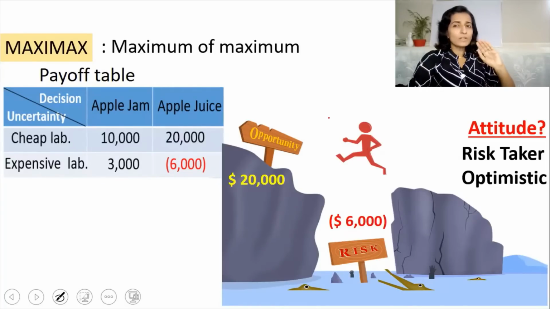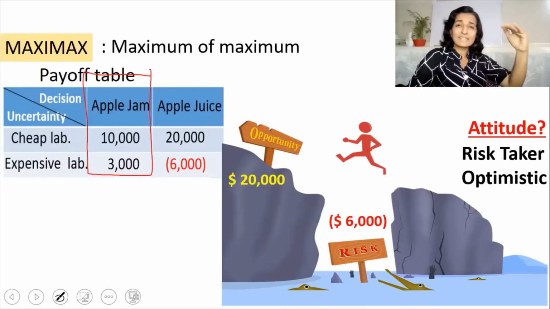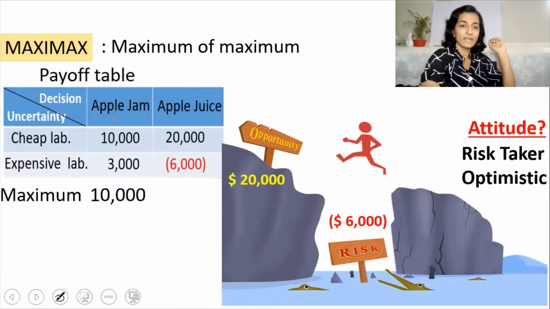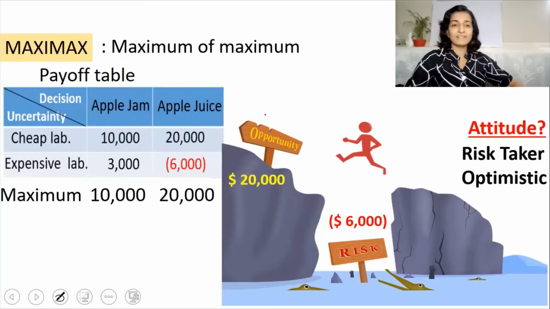of maximum. Now, what are the two decisions that Adam has to take? Either apple jam business or apple juice business. So if he starts the apple jam business, what is the maximum profit that he can get? The maximum profit is $10,000, correct? And if he starts the apple juice business, what is the maximum profit that he can get? $20,000, correct? So we write that too.